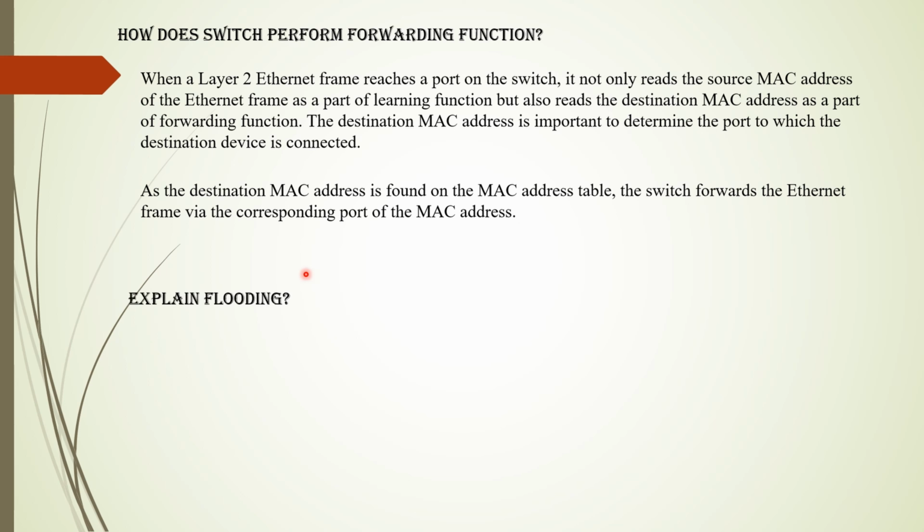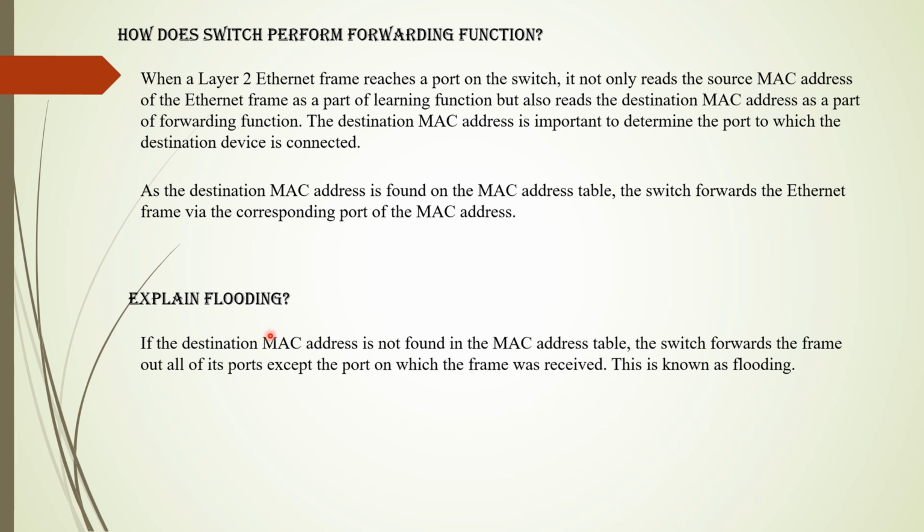Explain flooding. If the destination MAC address is not found in the MAC address table, the switch forwards the frame out of all its ports except the port on which the frame was received. This is known as flooding. When a packet is received, the switch learns the source MAC address and compares the destination MAC address with the MAC table.